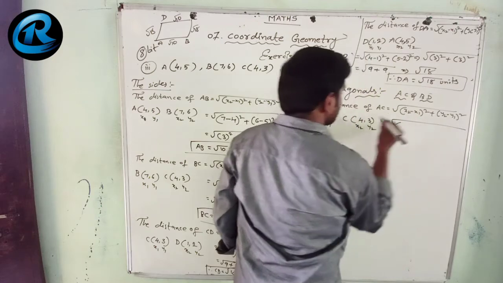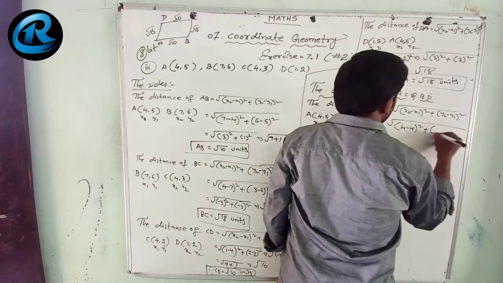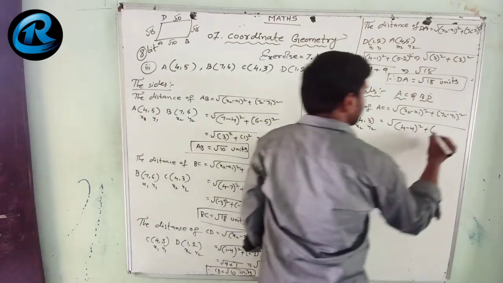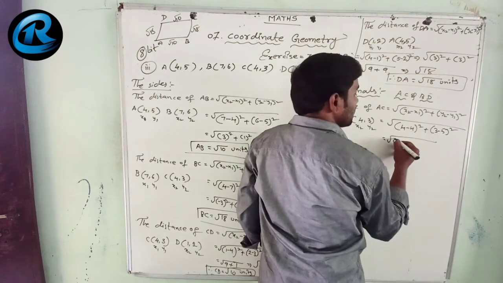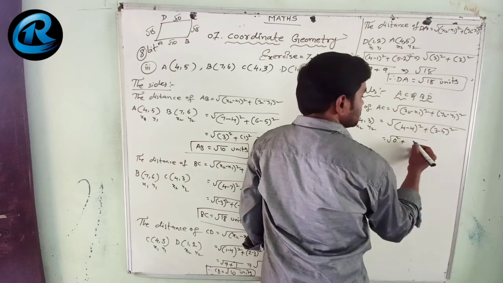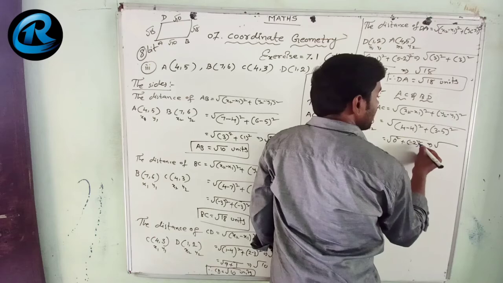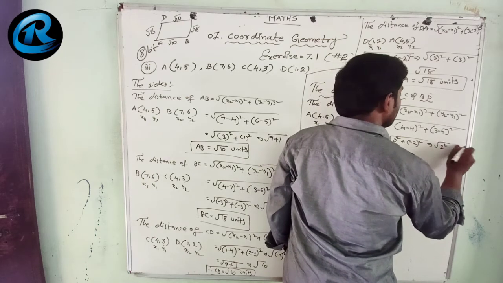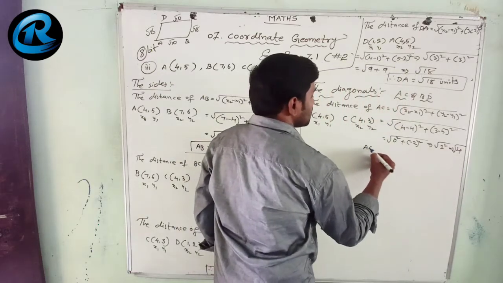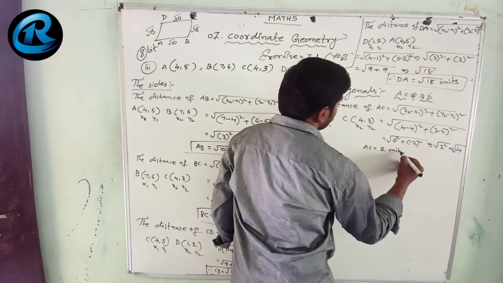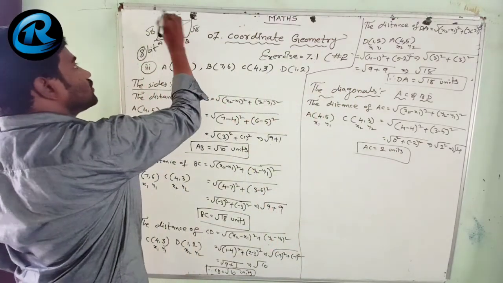Let us substitute: x2 minus x1, 4 minus 4 whole square, plus y2 minus y1, 3 minus 5 whole square. 4 minus 4 whole square is 0 square, plus 3 minus 5 that is minus 2 whole square. That equals 0 and 2 square. The 2 square value is 4, root 4 value is 2. Hence AC equals 2 units.